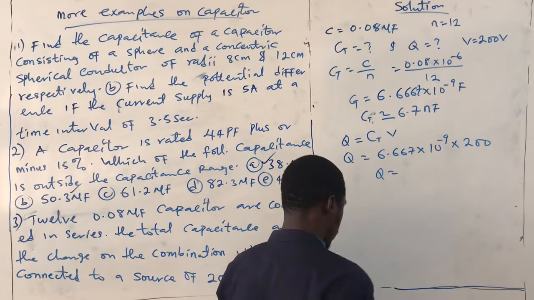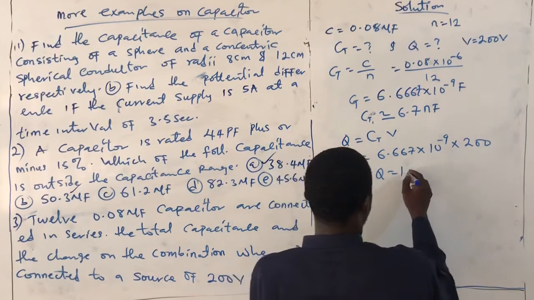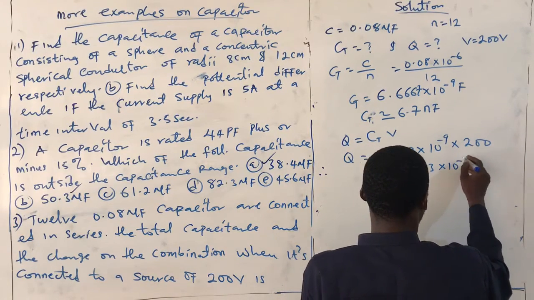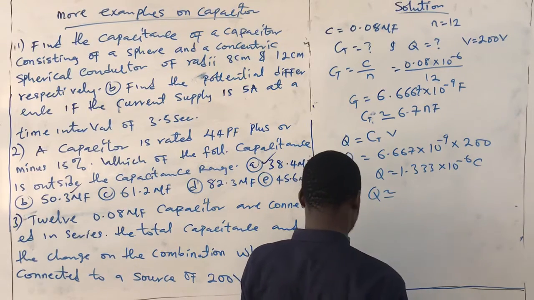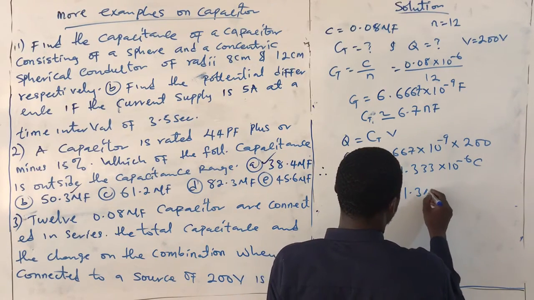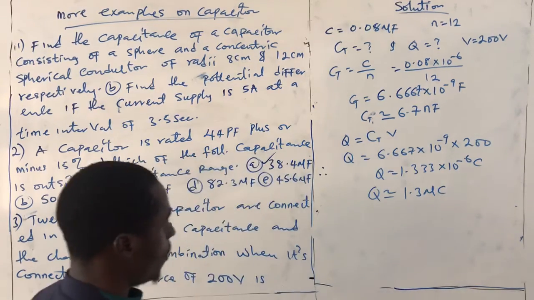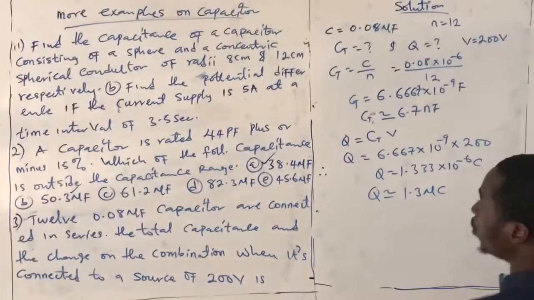Then the charge is 1.333 times 10 raised to the power minus 6 coulomb. So the charge can be approximated to be 1.3 microcoulomb, since micro is 10 raised to the power minus 6. So this is the simple solution for this simple problem.